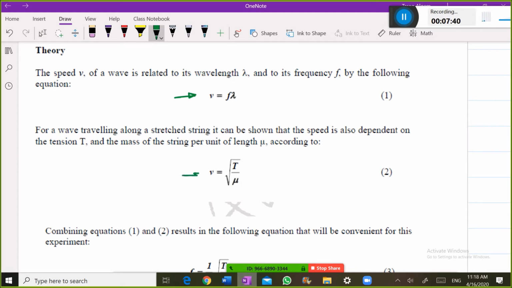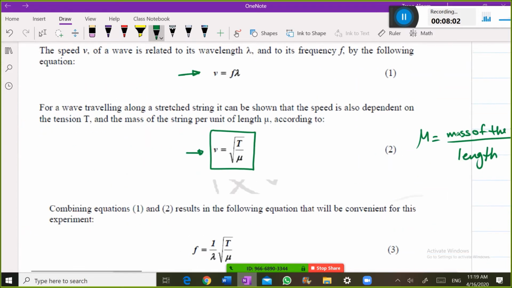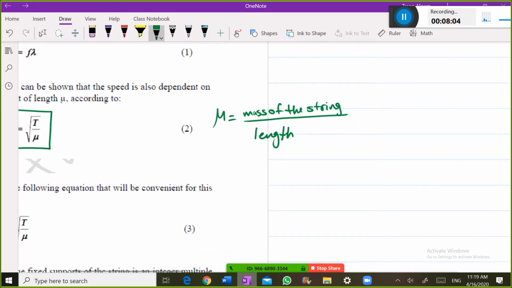Also, this will be given to you: the speed of the wave is equal to the square root of tension over mu, where mu is the mass of the string divided by its length. It's called mass per unit length. T is the tension.